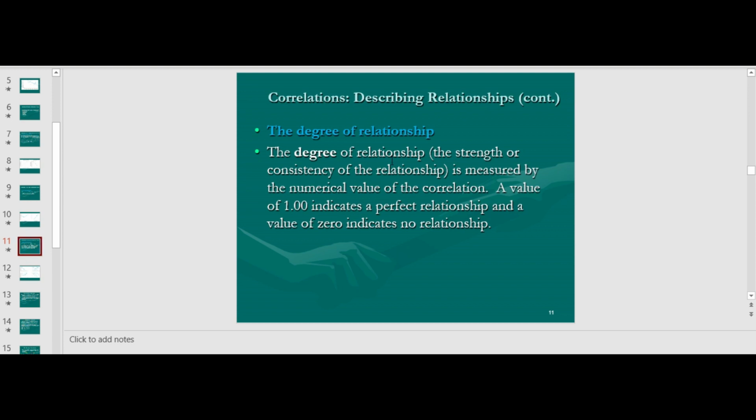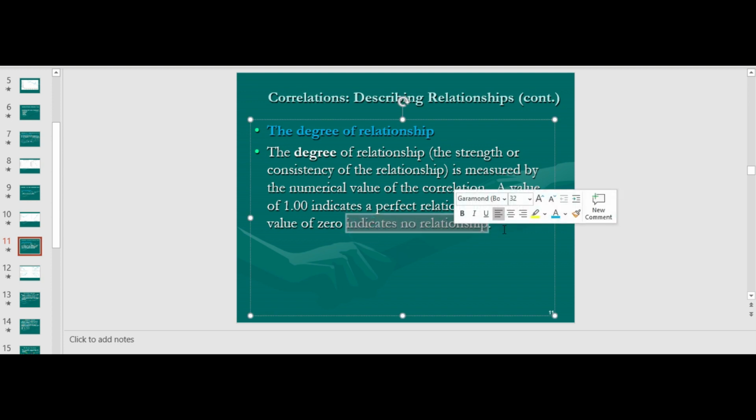Third one is the degree of the relationship, or the strength of the relationship. The degree or strength or consistency of the relationship is measured by the numerical value of the correlation. A value of 1 indicates a perfect relationship, and a value of 0 indicates no relationship.